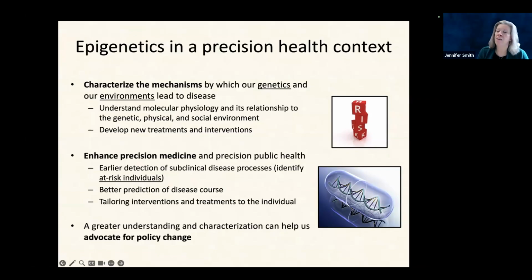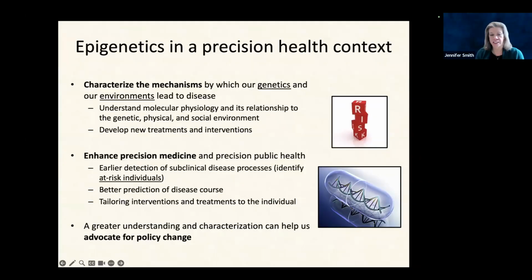This has already been important for things like cancer. There are epigenetic treatments for cancer. We can enhance precision medicine and public health, so earlier detection of subclinical disease processes, so identify people at risk and identify processes earlier before they actually are causing disease.